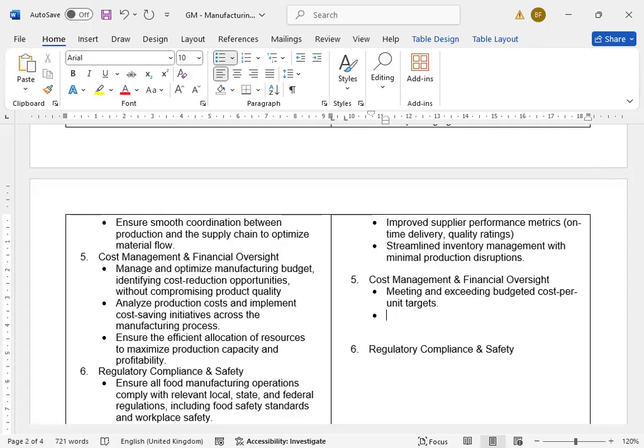Then another one would be continuous reduction in manufacturing cost.